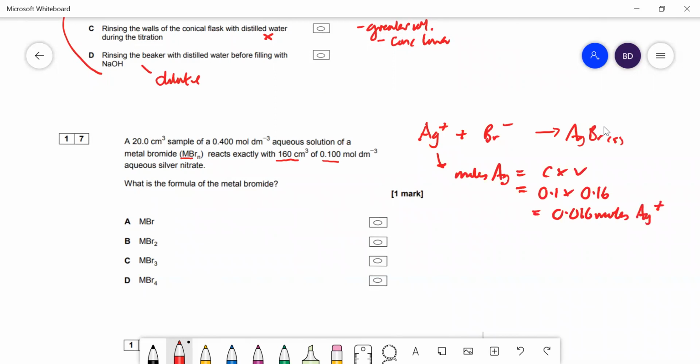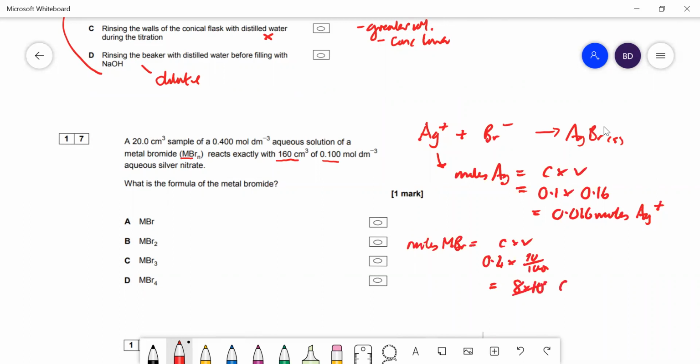Now let's work out how many moles of MBrX we've got. We've got concentration times volume, so 0.4 multiplied by 20 over 1,000. That gives us 8 times 10 to the minus 3.